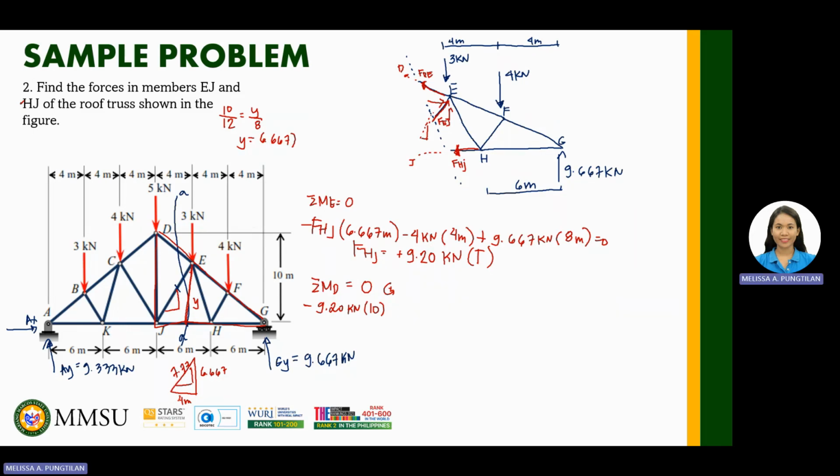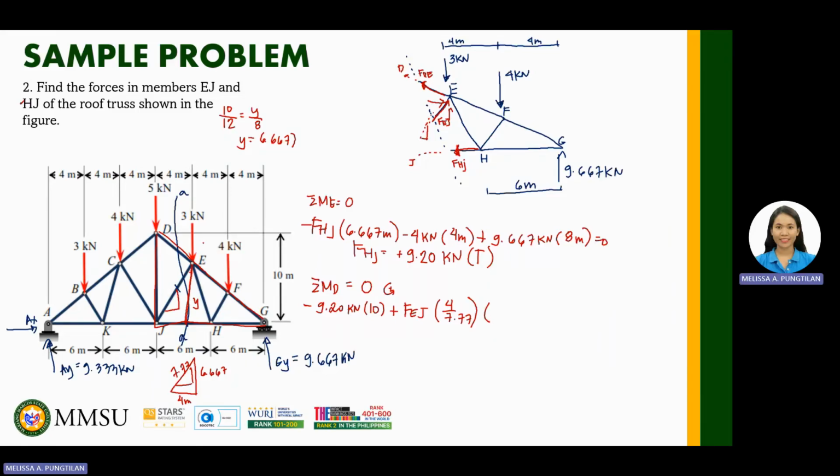So, ito yung slope na gagamitin natin. Okay, so 9.29 natin yung x component niya. So, for the x component, we have FEJ, 4 all over 7.77. Okay, next, nagmo-moment tayo sa point D, so it will create a counterclockwise motion, so plus.